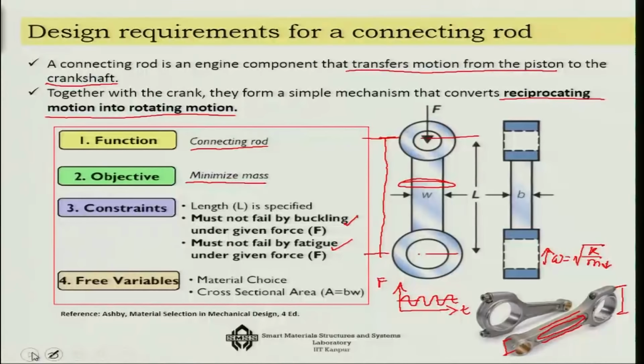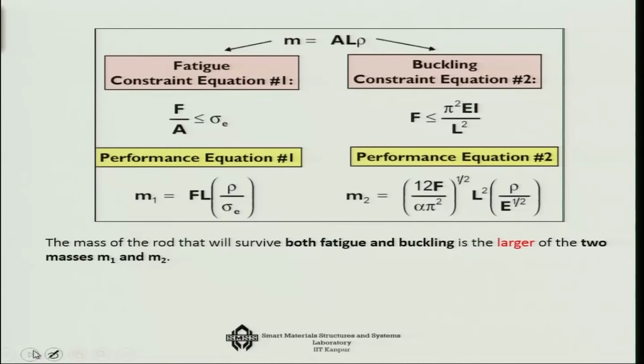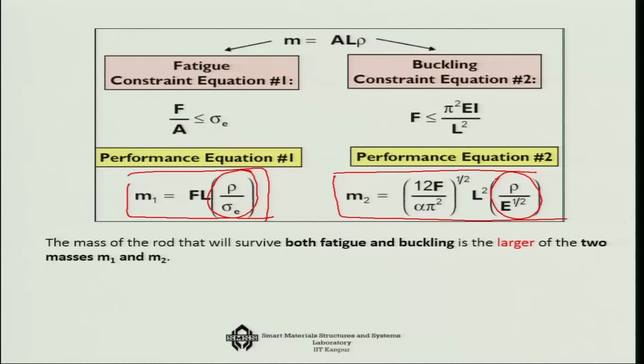If I now consider both of them, so if I summarize it, in one hand we get rho over sigma E, and our mass expression in the first case is M1 equals FL times rho over sigma E. In the second case it was rho over square root of E, and the second case gives us the mass of this particular expression.